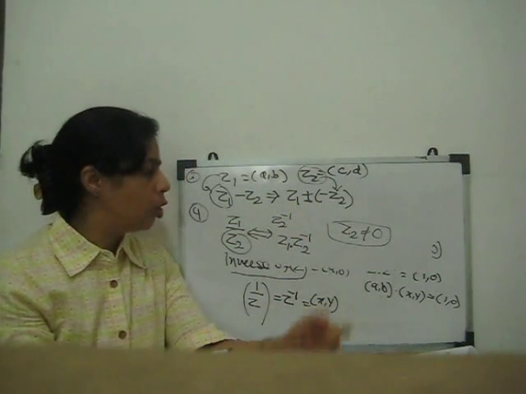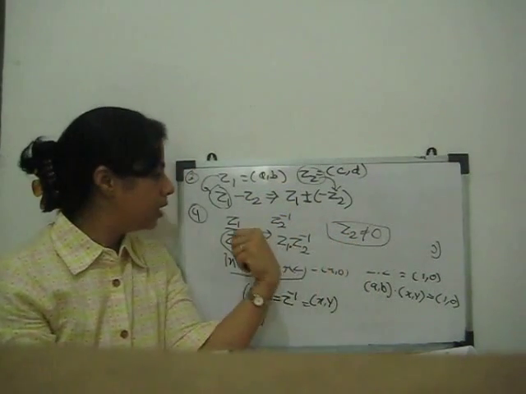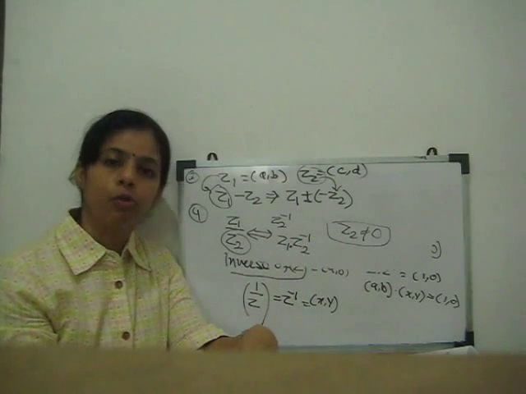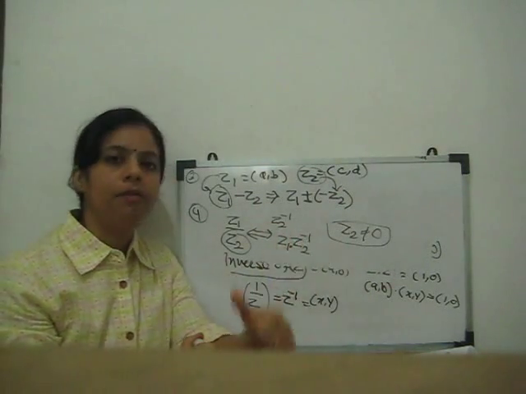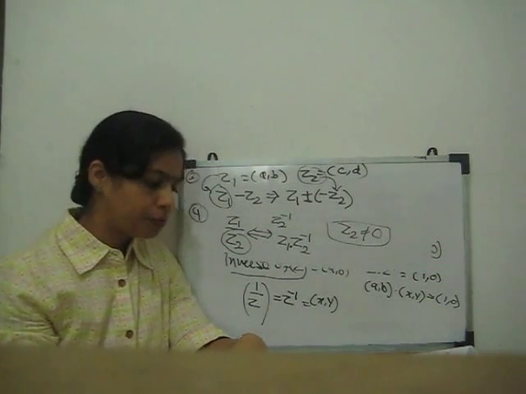It cannot be 0. If it is not 0, then its division is given by first finding its inverse and then multiplying with this number. Clear?